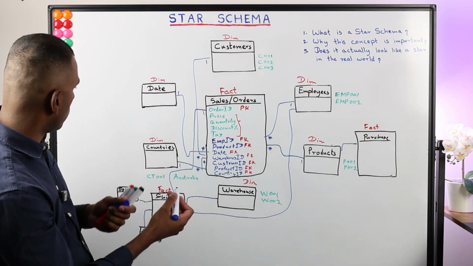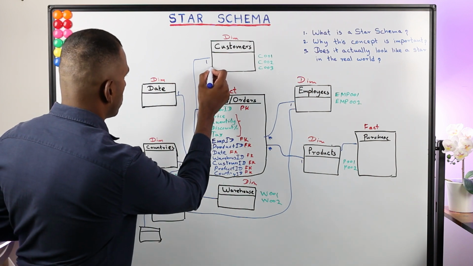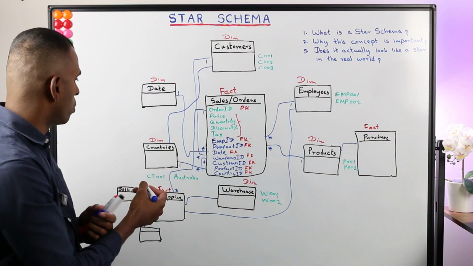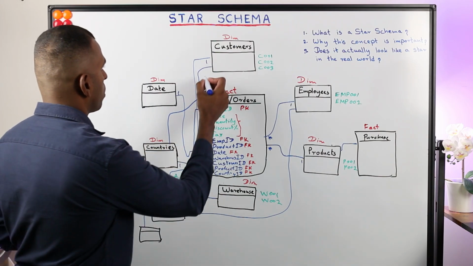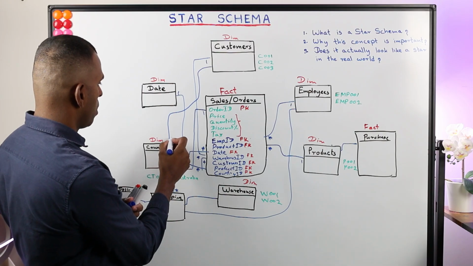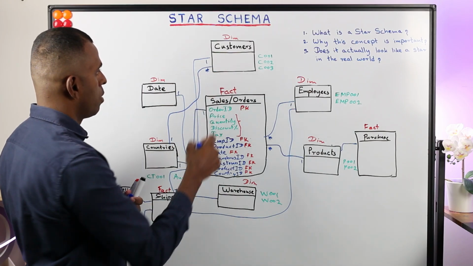For example, in this semantic model, the customers table can connect to the countries table. One country can have many customers, just like that.